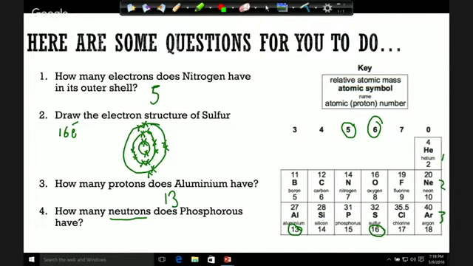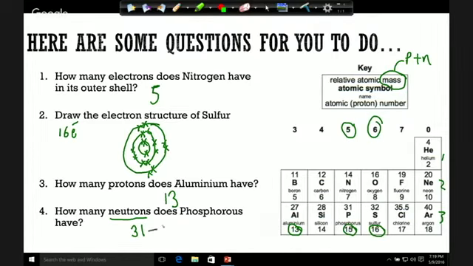Now, this relates to the fact that we're looking at the relative atomic mass, okay? And we said that this was the protons added to the neutrons, so the masses of all the protons added to the neutrons. So to work out the number of neutrons in phosphorus, we look at phosphorus, we see the number of protons and neutrons is 31, and the number of protons is 15.